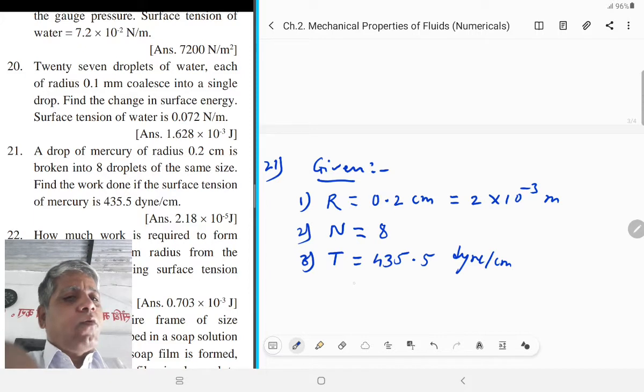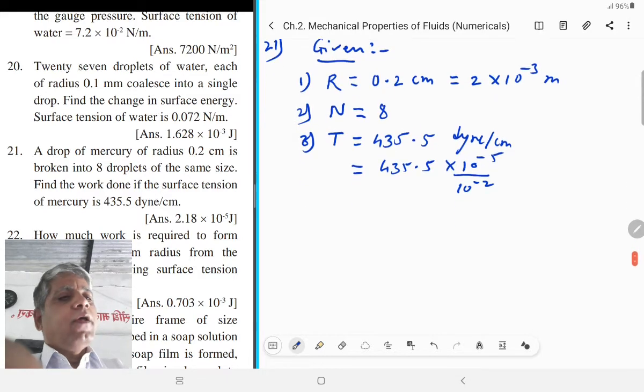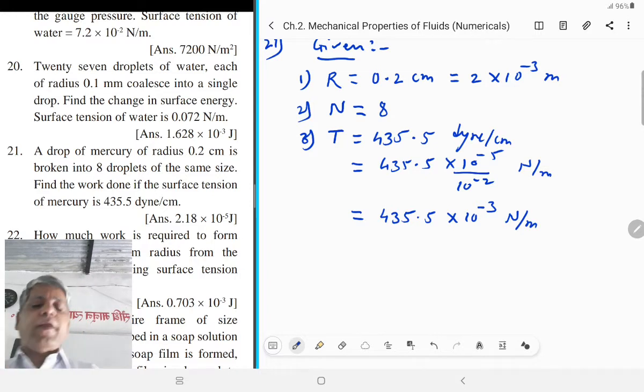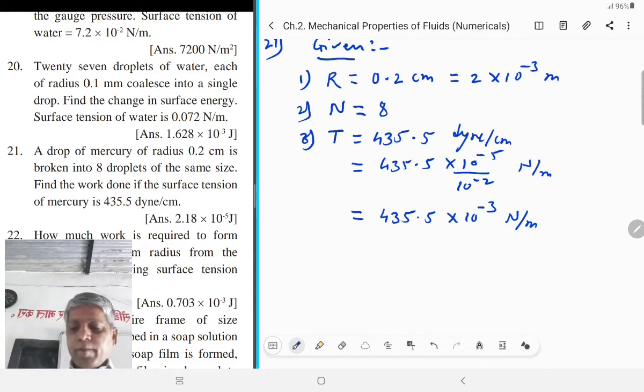Therefore, this is equal to 435.5 into 10 raised to minus 5 upon 10 raised to minus 2 in Newton per meter, and therefore this is equal to 435.5 into 10 raised to minus 3 Newton per meter. This is the value of surface tension of mercury in SI unit.